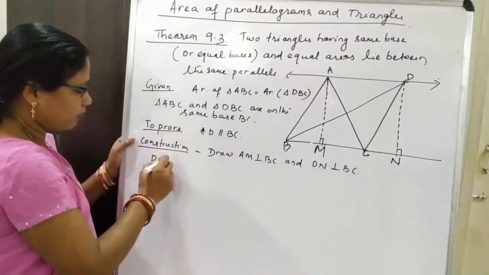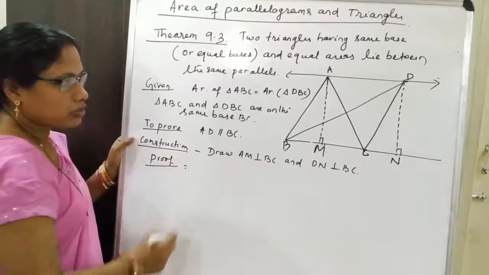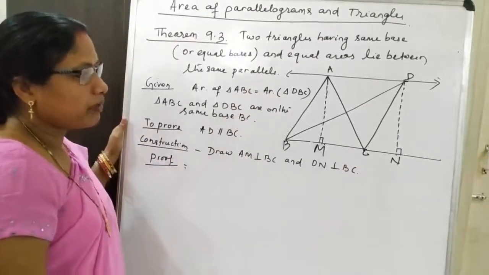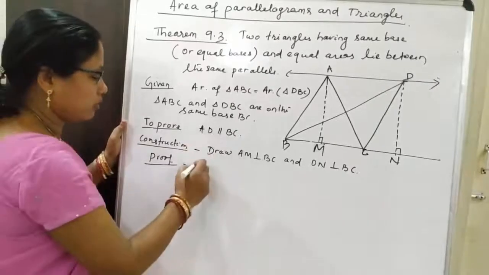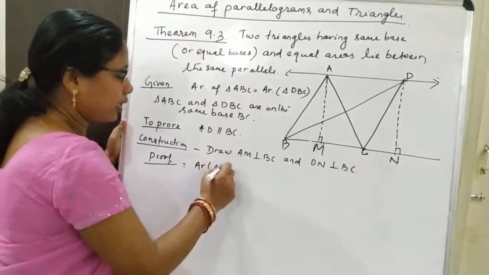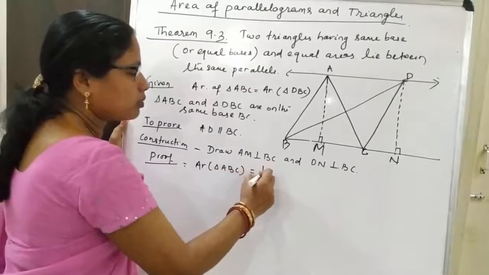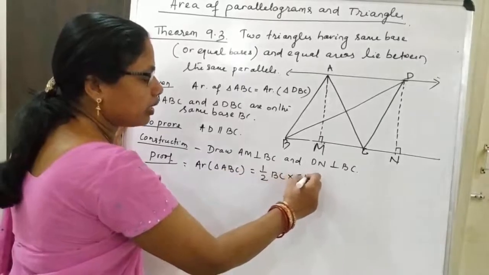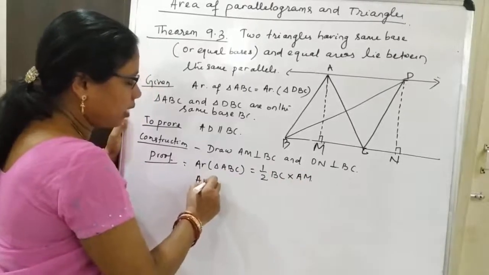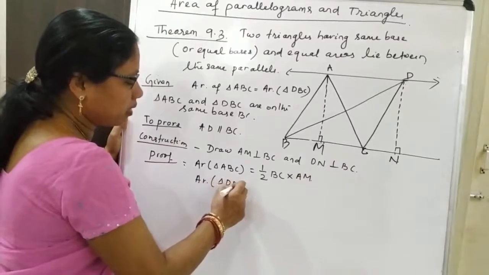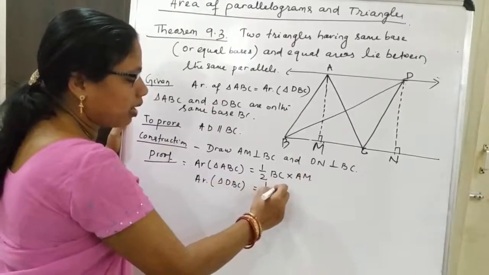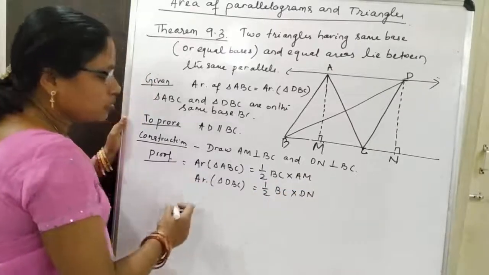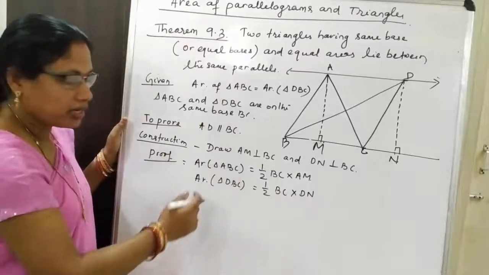Then proof. What is the area of triangle ABC by using the base and height or altitude? Area of triangle ABC is equal to half base multiplied with altitude AM. Then area of triangle DBC is equal to half BC multiplied with altitude DN. Here it is given that their areas are equal.